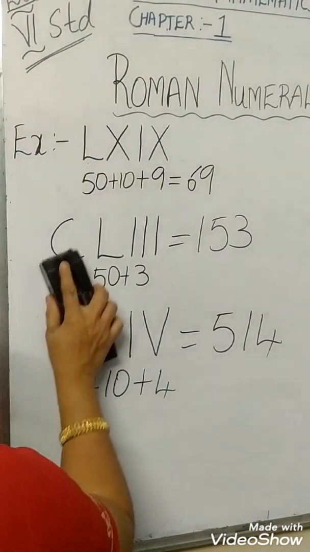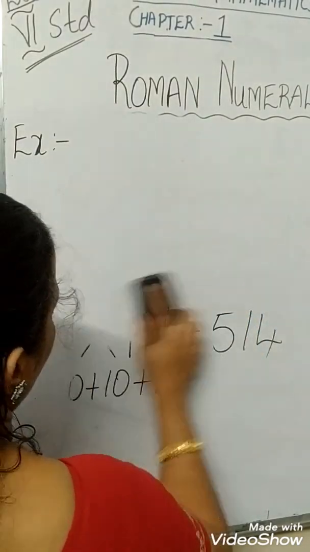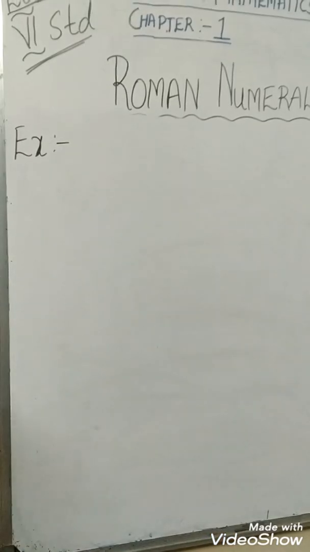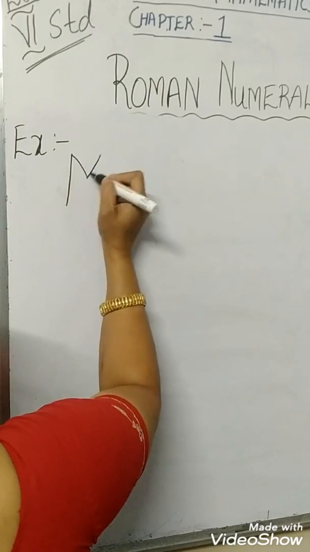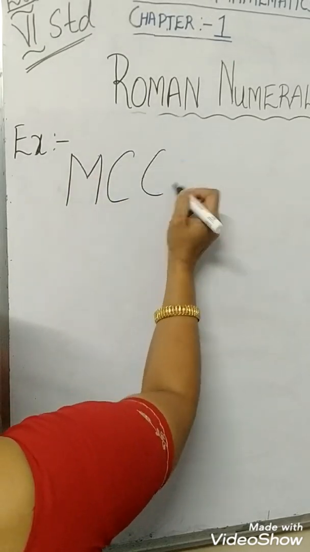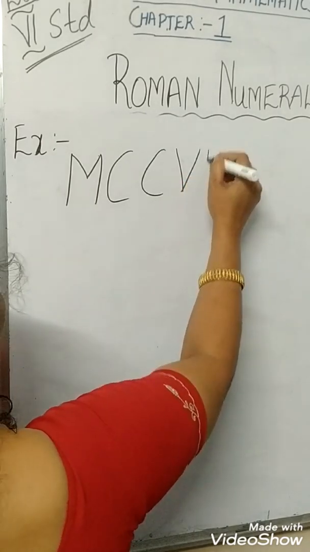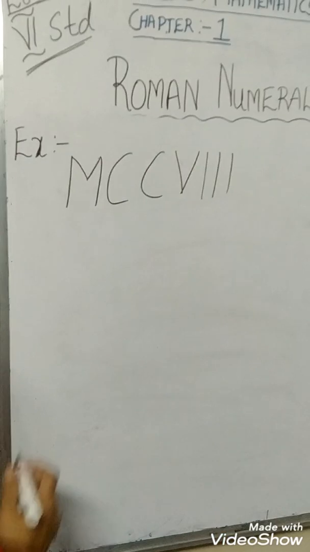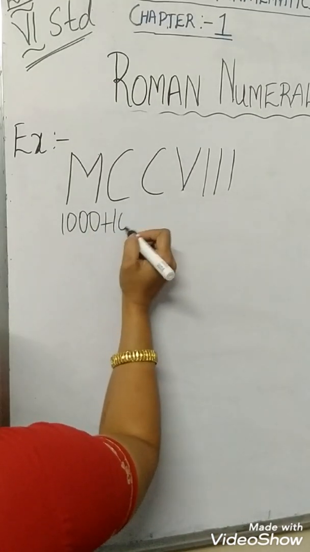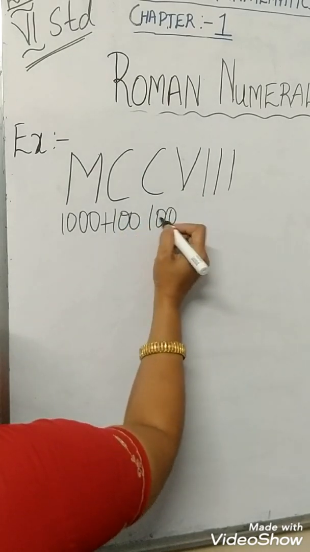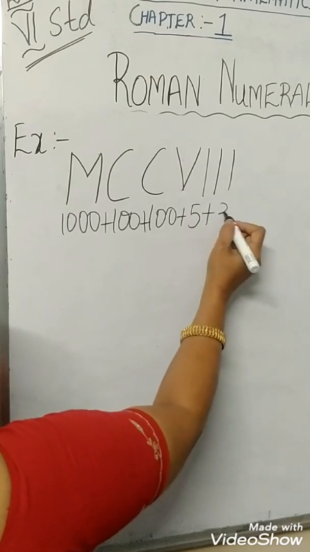We'll see another example. What does this M, C, C, V, I, I, I represent? Let us see. M is nothing but 1000, C is 100, and again C is 100. What is this? 5, and this is 3.